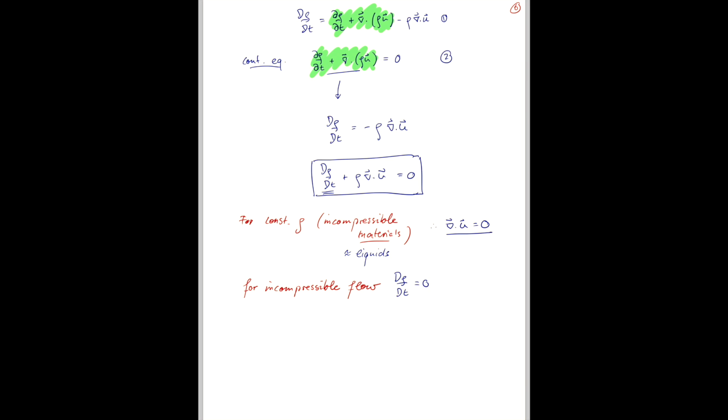Yeah, so you can have rho as a function of x and t, but the density of the given fluid element that we follow around doesn't change, to a good approximation.